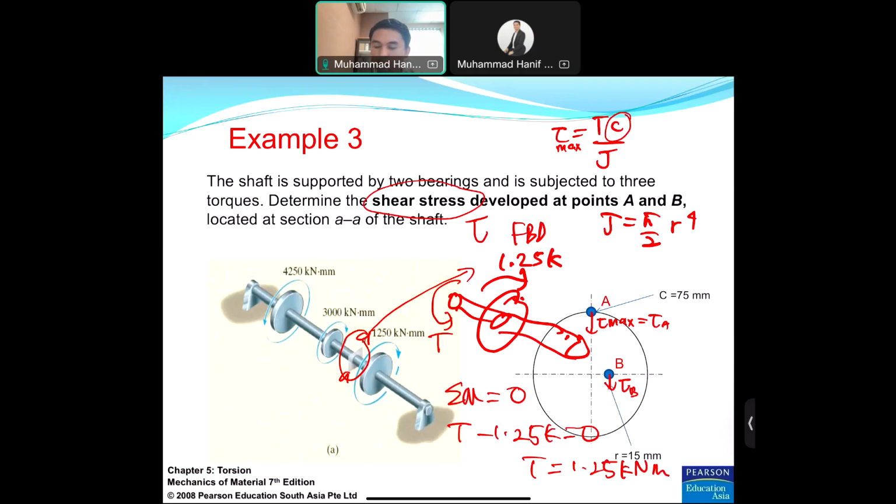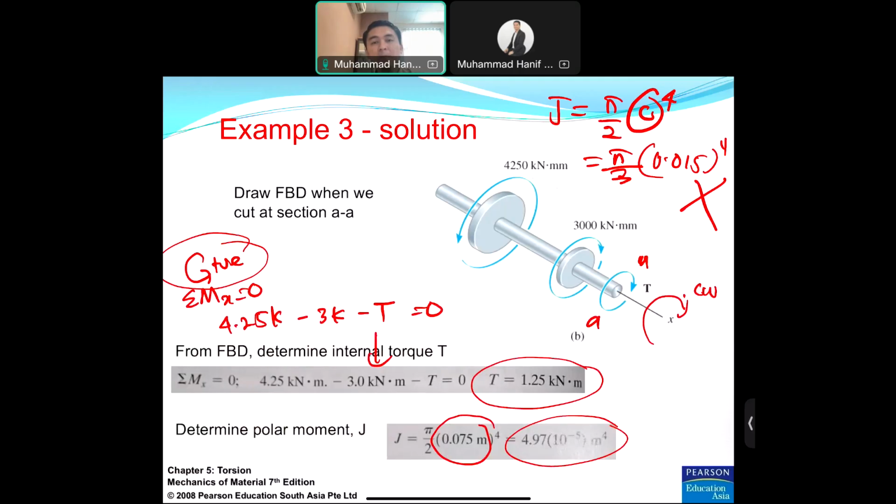So C is the longest radius, the maximum radius, which in this question is 75 millimeter. That's why we have 0.075 meter. Then you put it into the equation and you will get the J. It is better to calculate individually, step by step.